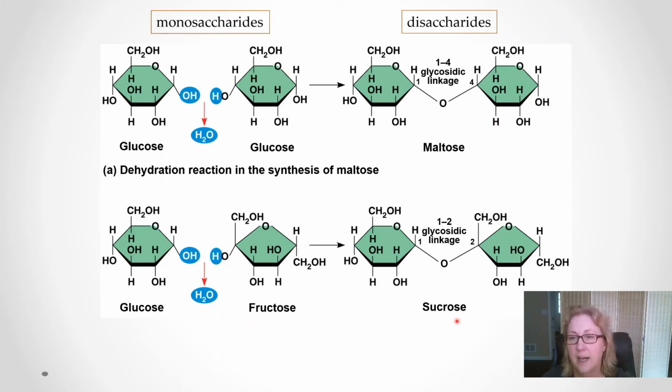So high fructose corn syrup is usually 55% fructose instead of 50% fructose. So regular corn syrup or any plant sugar is mostly sucrose, which means it's about half fructose. So high fructose corn syrup is a little bit higher in fructose.